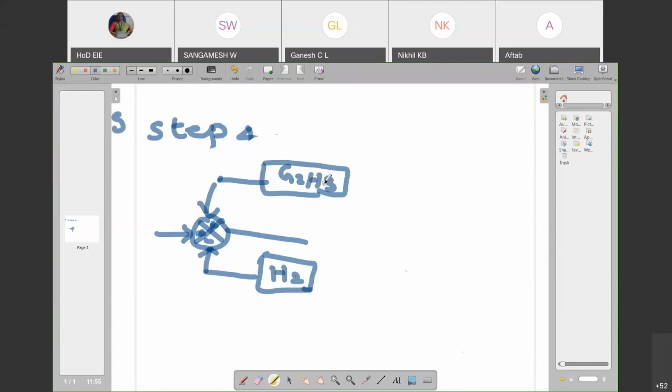G2H3 is connected to the negative terminal. Okay. By interchanging and combining them, we are going to get it like this. Interchanging S2 and S3 and combining them as a single one.